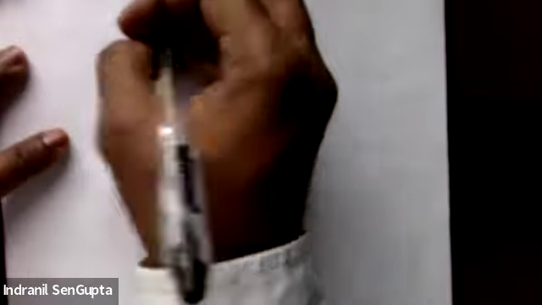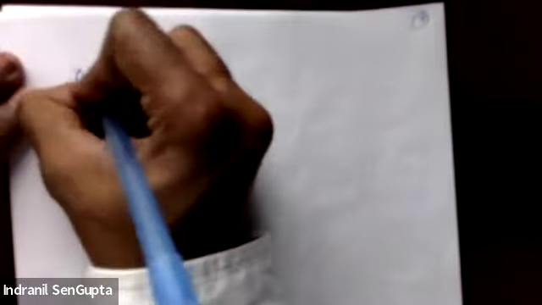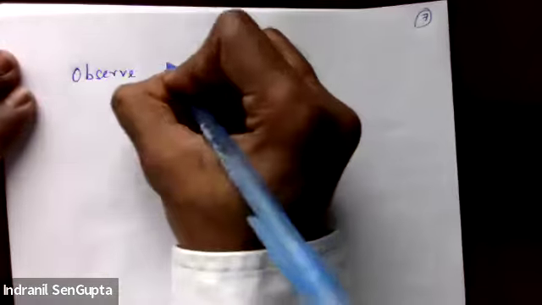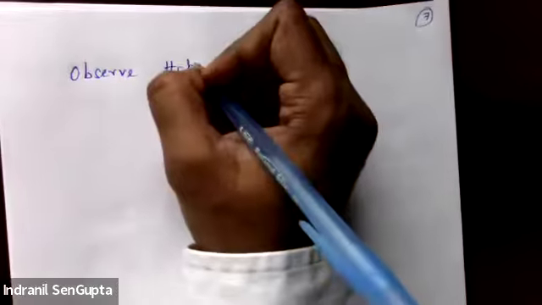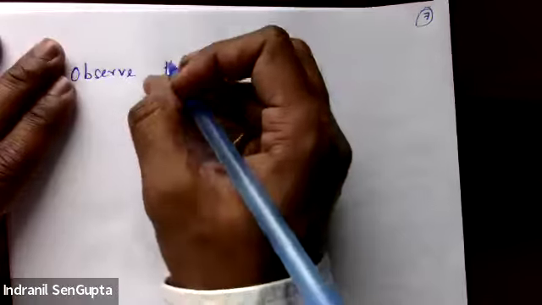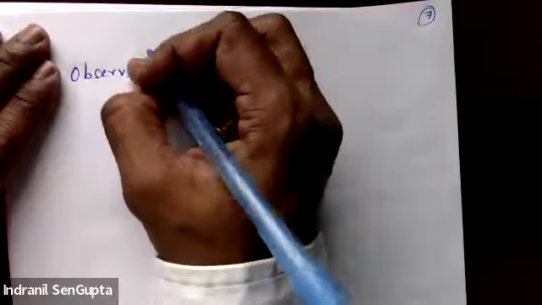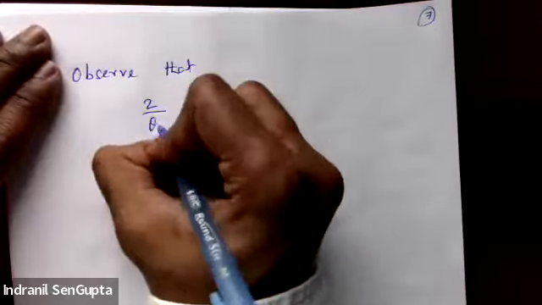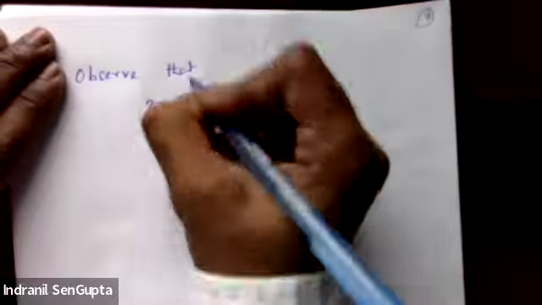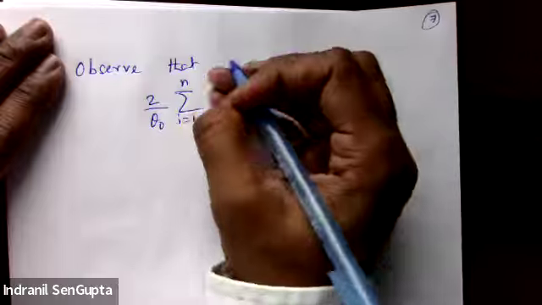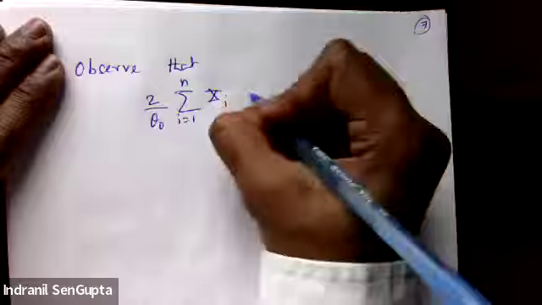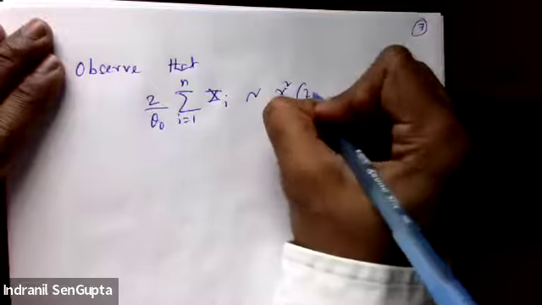So we can simply write that we observe that this 2 over theta 0 summation from i equals 1 to n of x_i follows a chi-square 2n distribution.